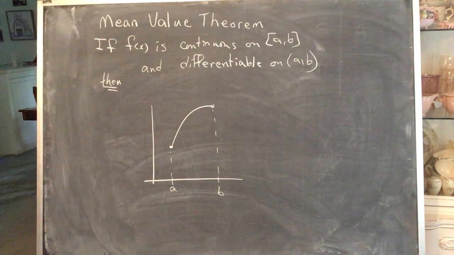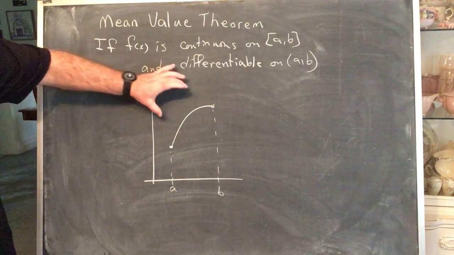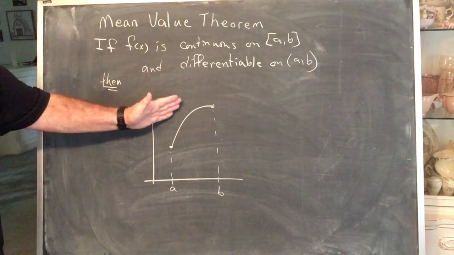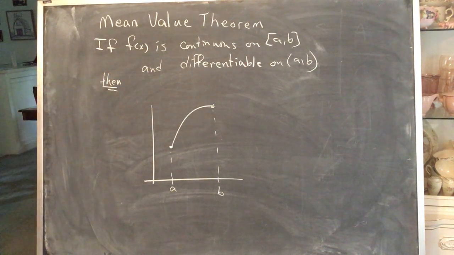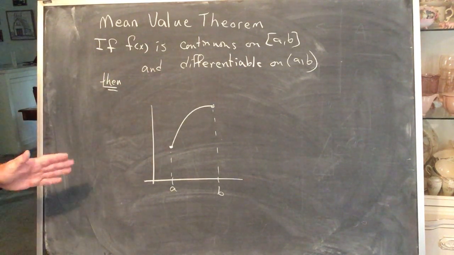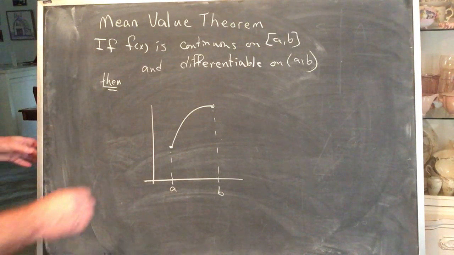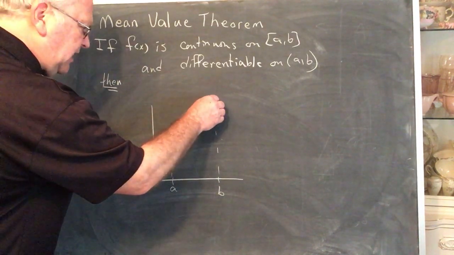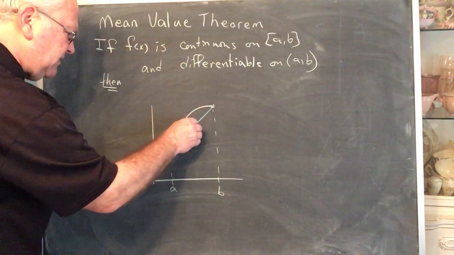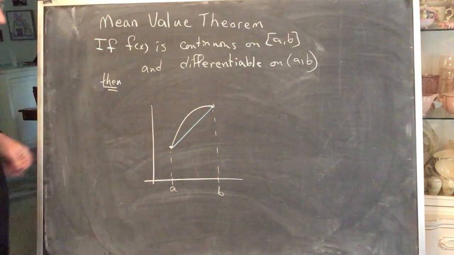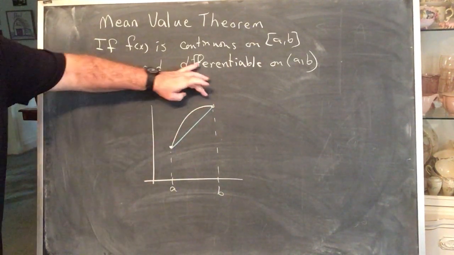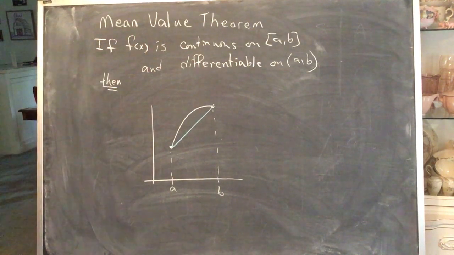The mean value theorem says this. There must be somewhere on this curve a tangent line, a point of tangency and a tangent line that is parallel to this line. If you connect the points A comma f of A and B comma f of B. Let's write that in.